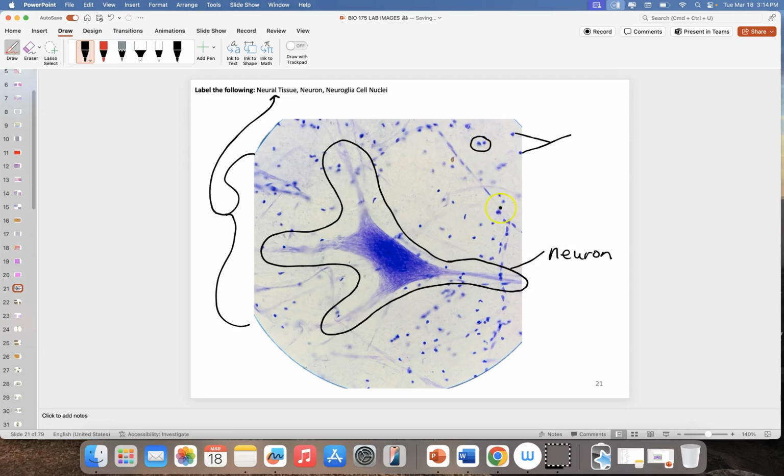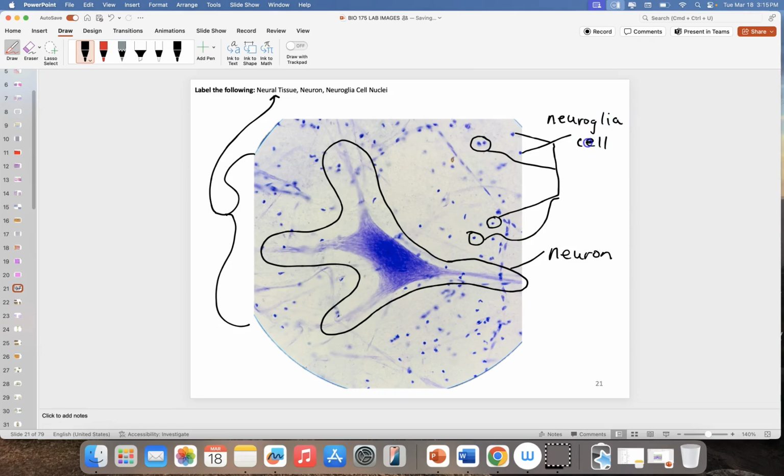So there's two here, one here, one here. All of these, we'll just draw a line from all of them. All of these are going to be the nuclei of the various neuroglia cells.